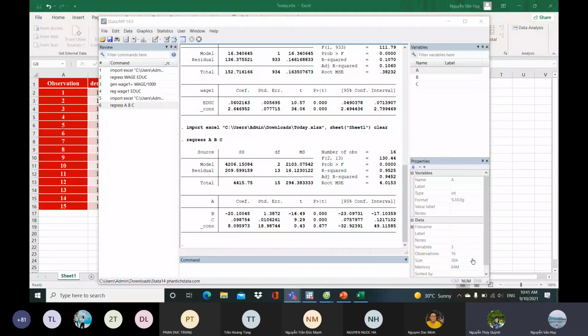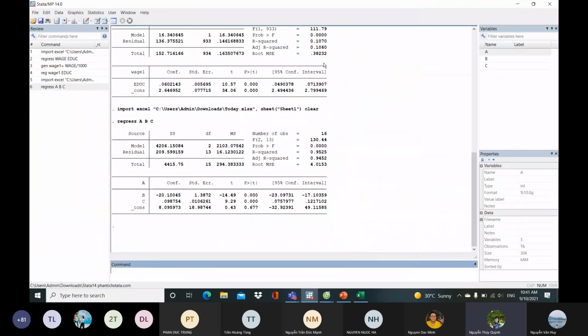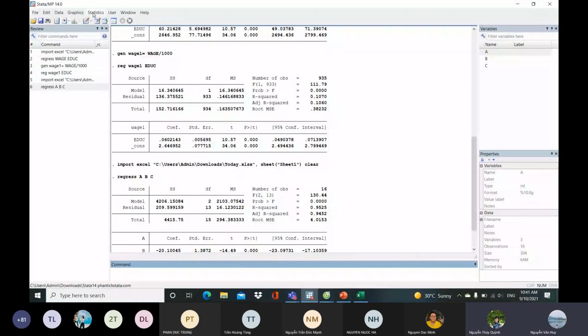Yeah, you can do it from the beginning. You can clear the data you have here and start over. Just enter the command clear. Can you hear me clearly?